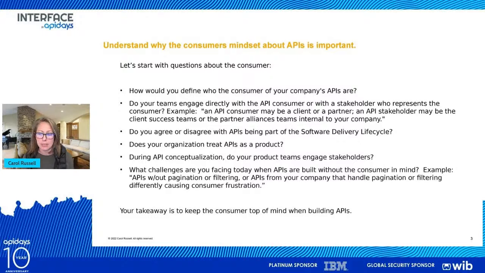That can be really challenging for the consumer, the person on the other end trying to pull that information in. So your takeaway: just keep the consumer in mind when you're building APIs.